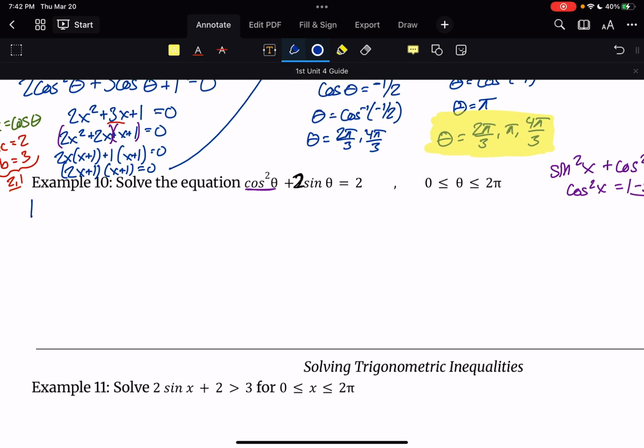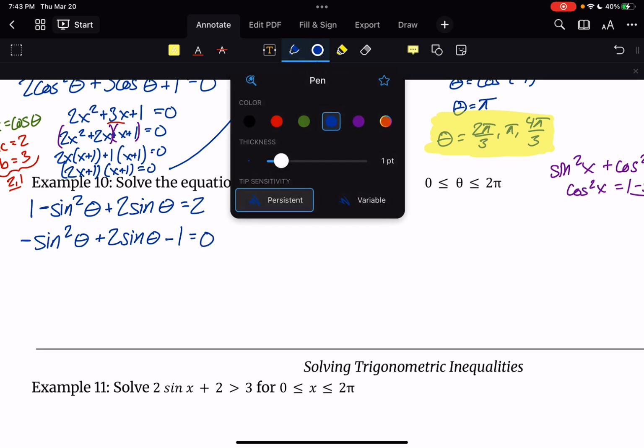So I get 1 minus sine squared theta plus 2 sine theta is equal to 2. So again, we're going to try to factor this. So we're going to subtract that 2 over. So I have negative sine squared theta plus 2 sine theta minus 1 is equal to 0.